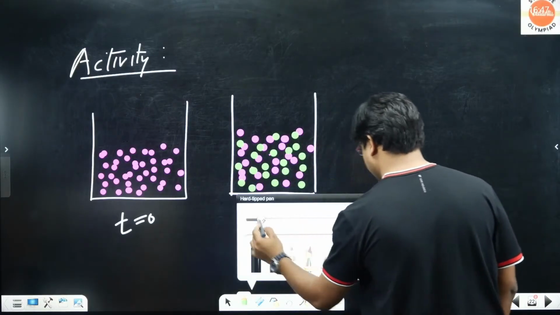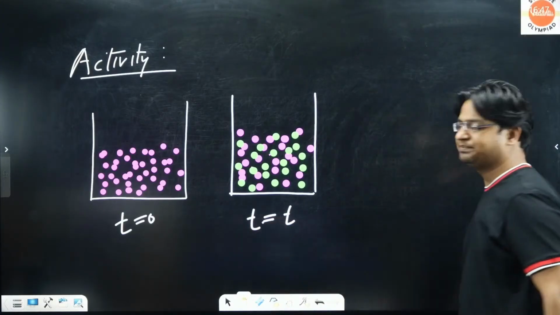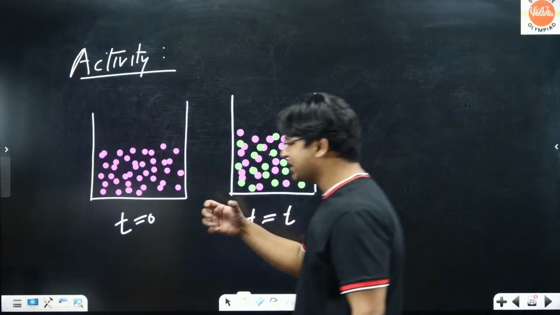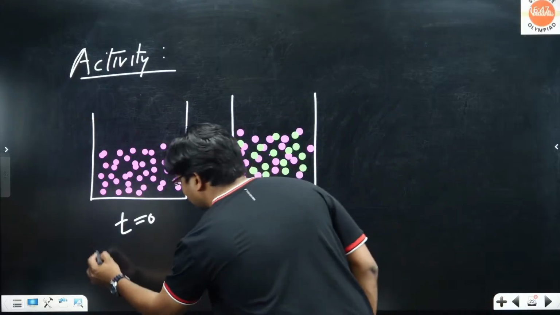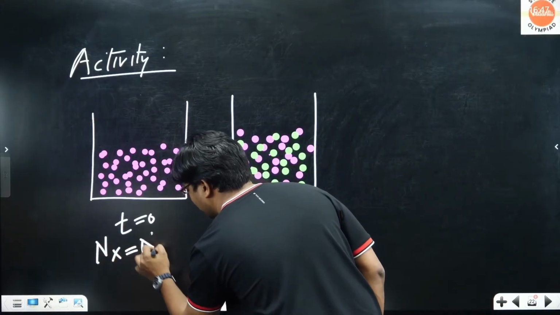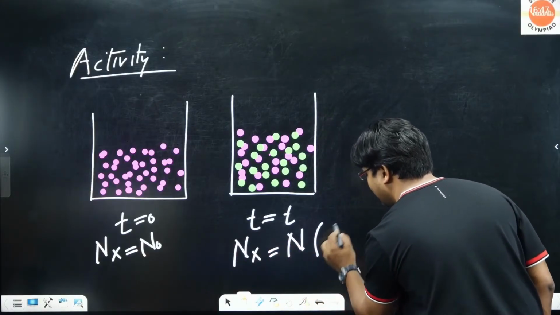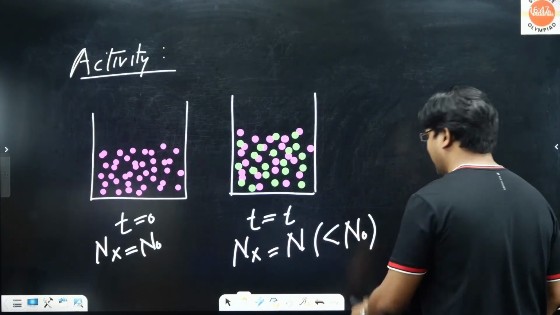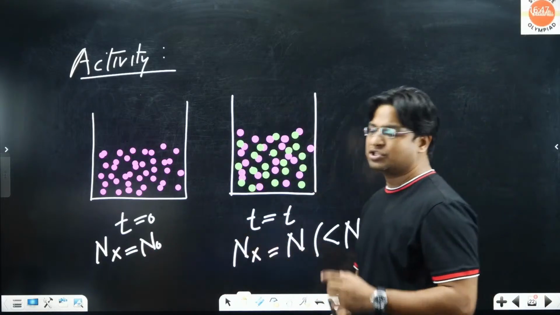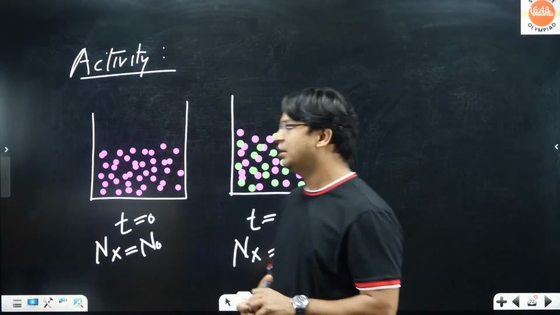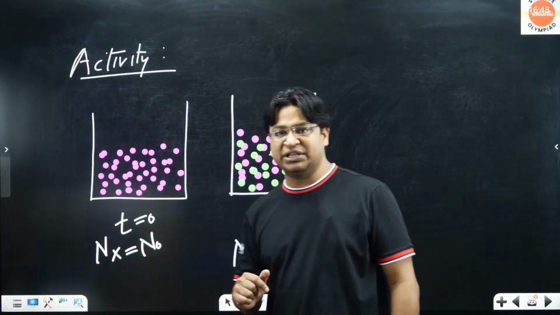So this would be the situation at a general time. Some X have already converted into Y. If initially the count of X nuclei was N0, now the count of X nuclei is N, where N is less than N0. And what happened to the difference, N0 minus N? That is the number of Y nuclei that we see here.